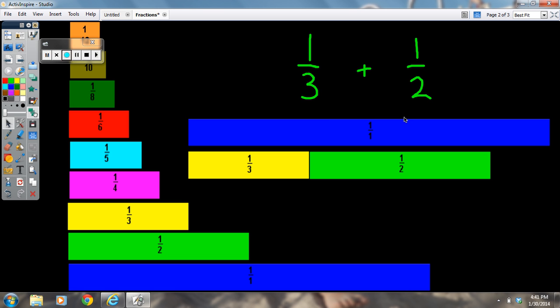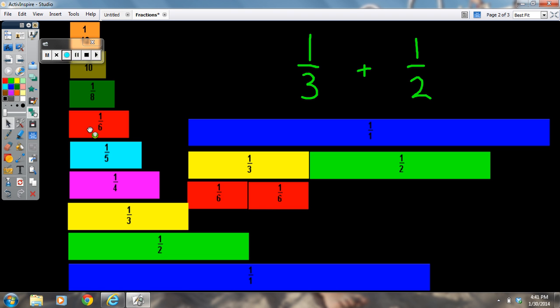The trick that we showed you in class was figuring out common multiples of the two denominators of the fractions, the 3 and the 2, and a common multiple that they share is 6. So we could use 6 pieces here to represent the sum of 1/3 and 1/2.